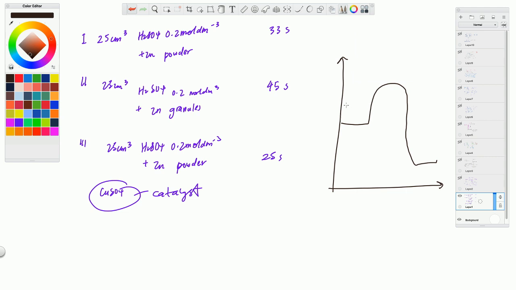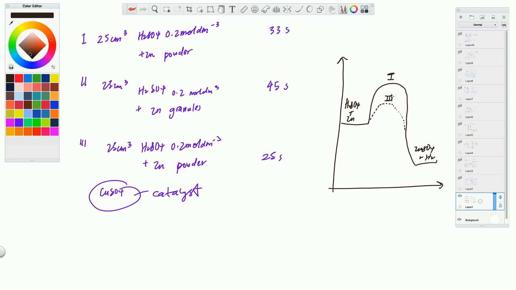Okay, so here you put sulfuric acid and zinc, and here you get zinc sulfate and hydrogen. Okay, so set 1 is without a catalyst, and set 3 is with a catalyst.